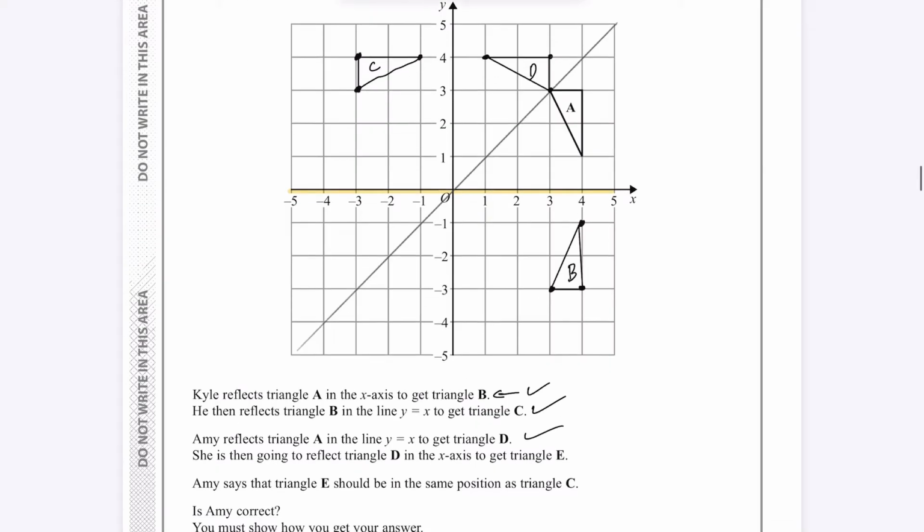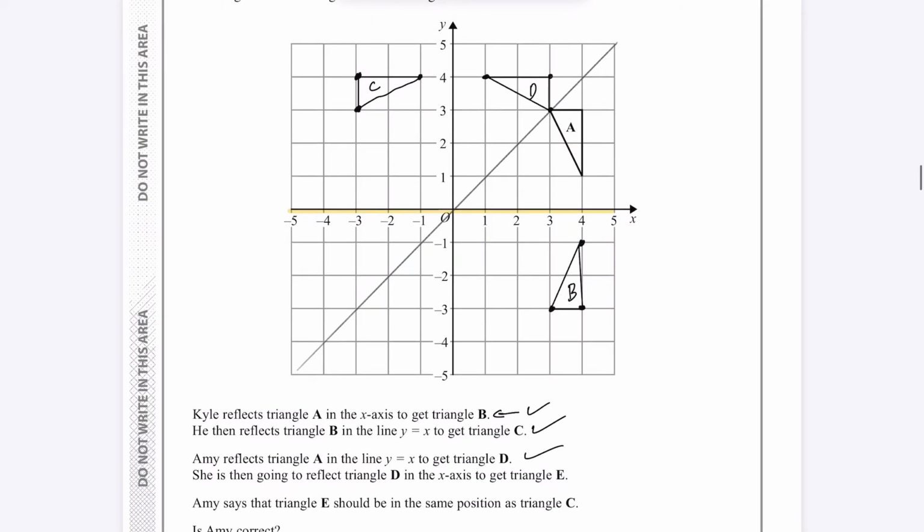And then it says she is then going to reflect D in the x-axis to get E. Okay, so now we're going to reflect D where the yellow line is. So if you take D, that's going to go 1, 2, 3 down. You're going to go 1, 2, 3 down. So that point's going to be the exact same point there. And then with the other one, we can see it's going to be 1, 2, 3, 4.